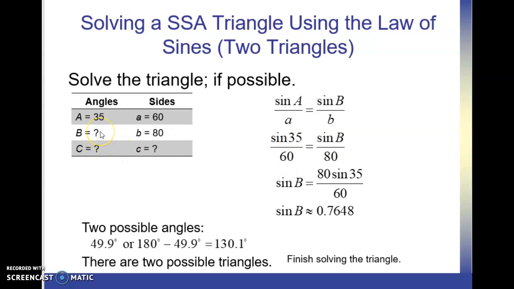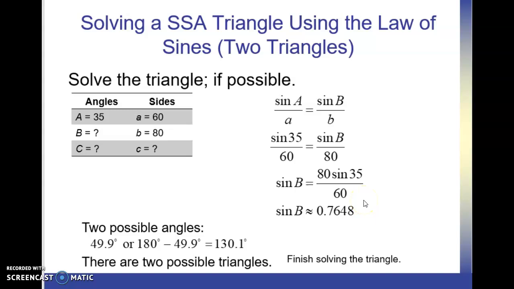Moving on to find the measure of angle B, we don't know it, so we just copy B, sine of B. But for the length of side B, we replace lowercase b with 80. Cross multiplying sine 35 times 80 and dividing that by 60. You can plug all this right into your scientific or graphing calculator.